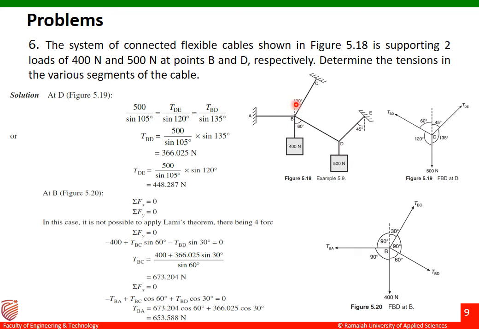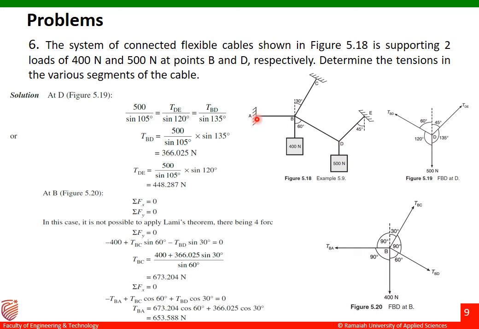A system of connected flexible cables supporting two loads. You can see there is a 400 Newton force here and a 500 Newton force which is attached at D here. So 400 is attached at point B and then 500 is attached at point D.